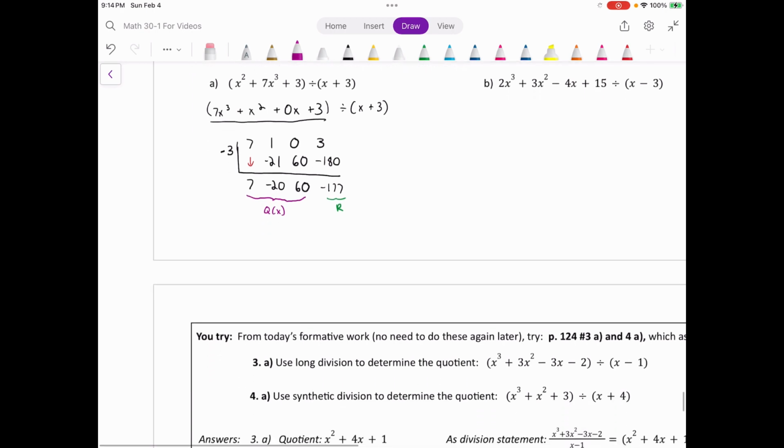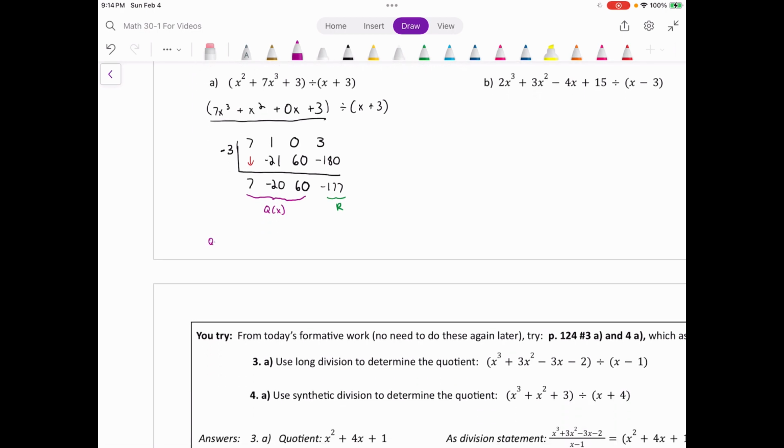So our quotient is 7x squared minus 20x plus 60 as the constant term. That is our quotient, Q of x. Our remainder is negative 177.